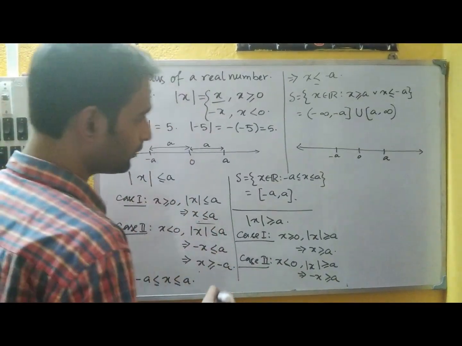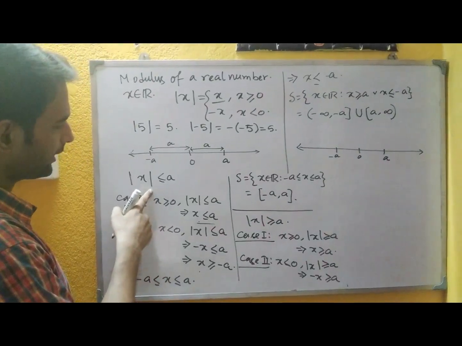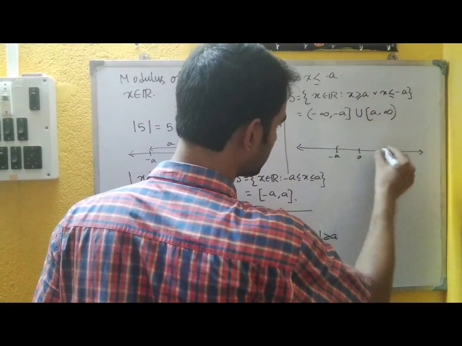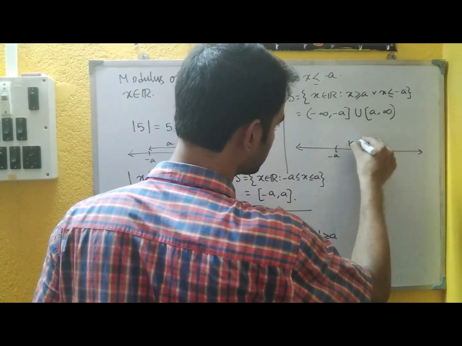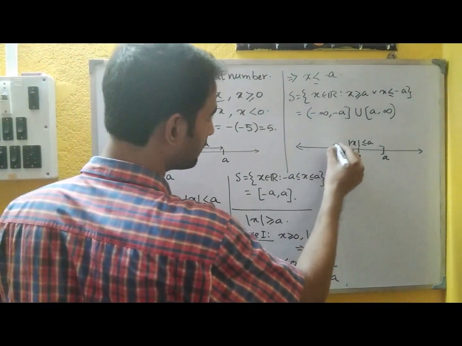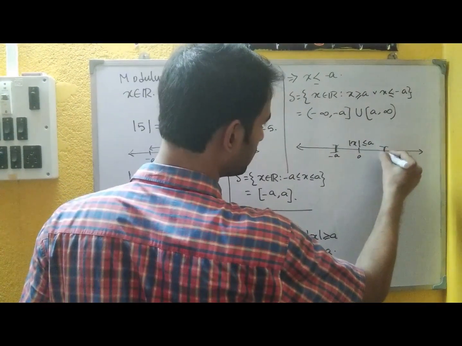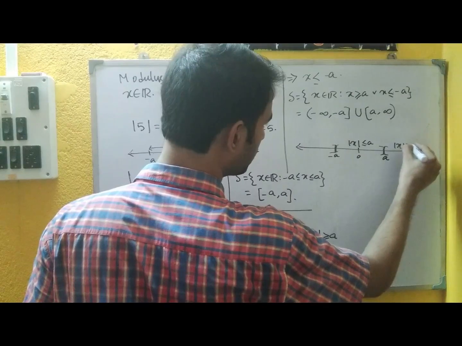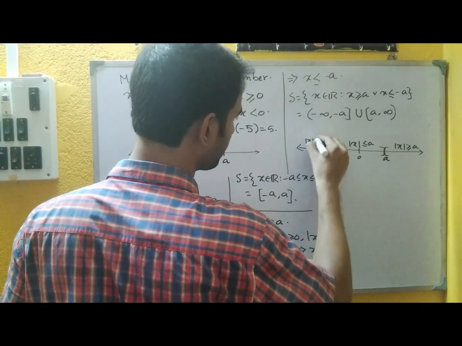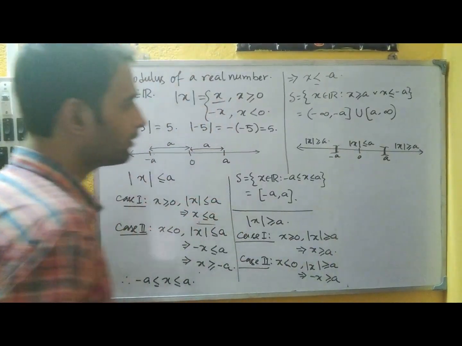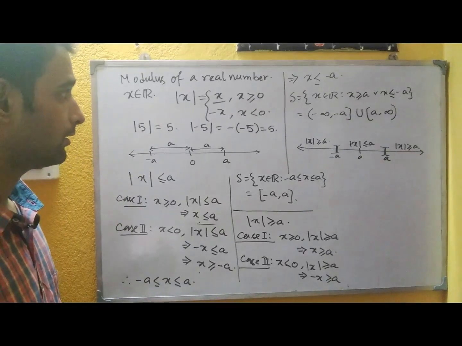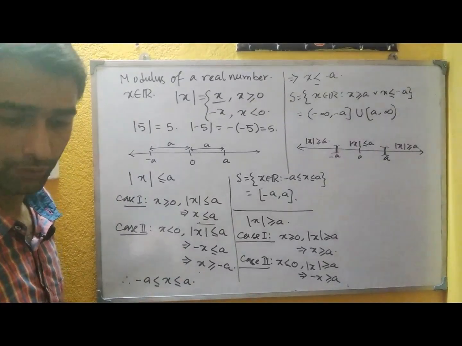So now see, if you are taking this inequality, that is mod x less or equal to a, the solution set will be here, and the rest of the line will give you the solutions for mod x greater or equal to a. So that's how we get the solutions for inequalities associated with mod.